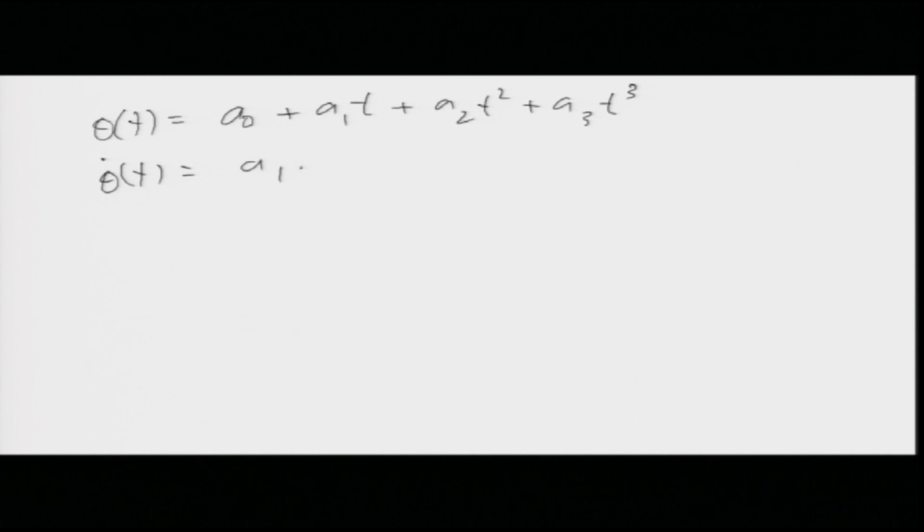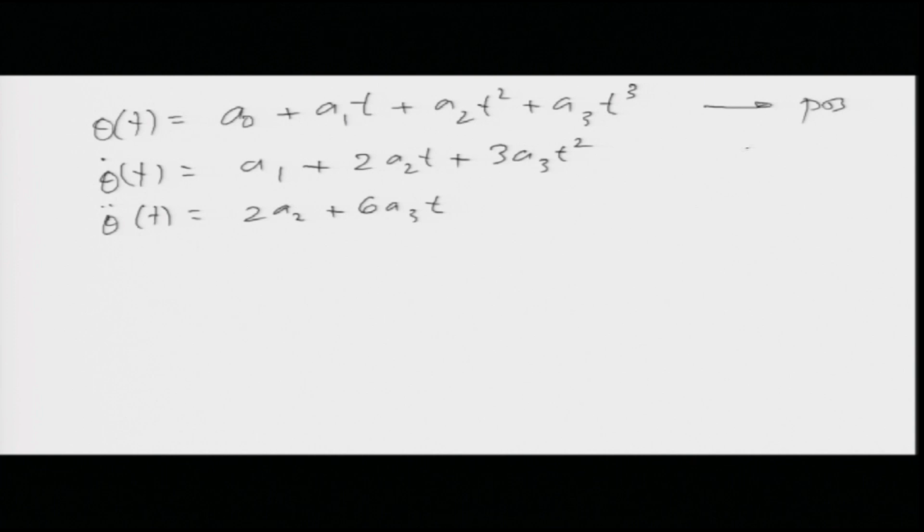My first equation was theta in terms of time equal to a naught + a1 t + a2 t squared + a3 t cubed, and I got my velocities by differentiating it, which is equal to a1 + twice a2 t + thrice a3 t squared, and I got my accelerations from here, which is equal to twice a2 + 6 a3 t. So, position, velocity and accelerations.